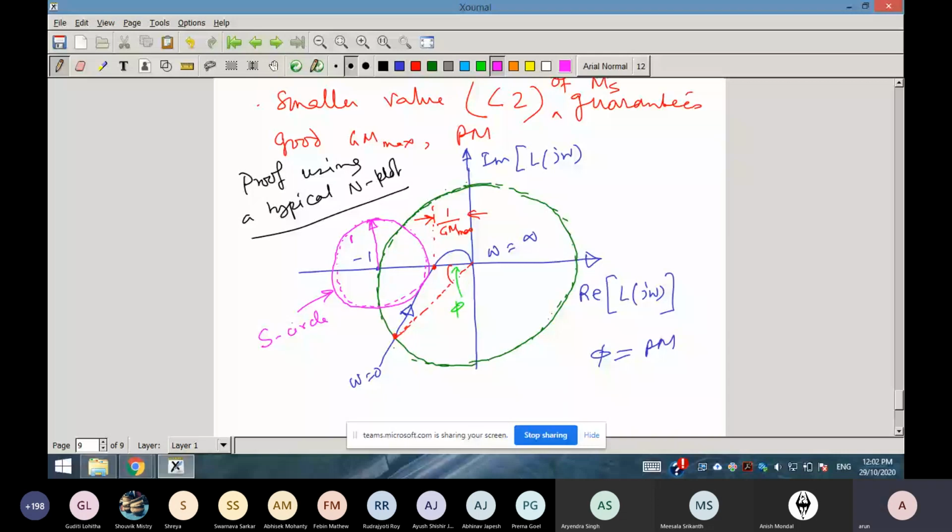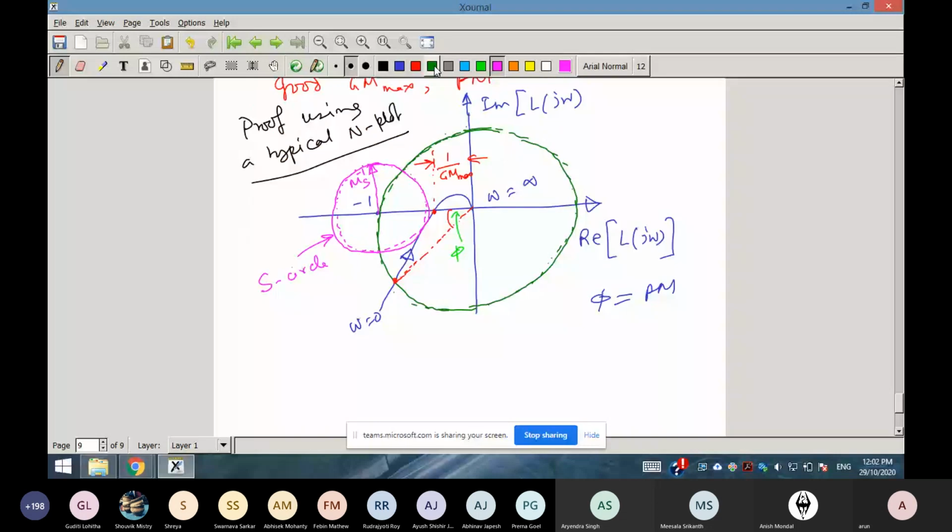Okay. So now from the figure it is clear that, what is your 1 by GM? Just wait.